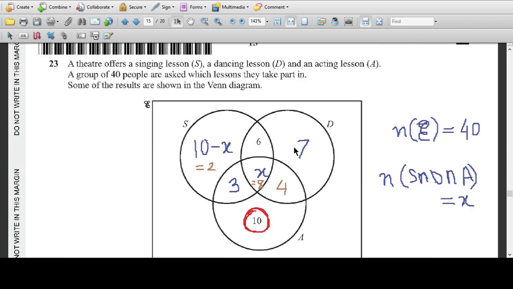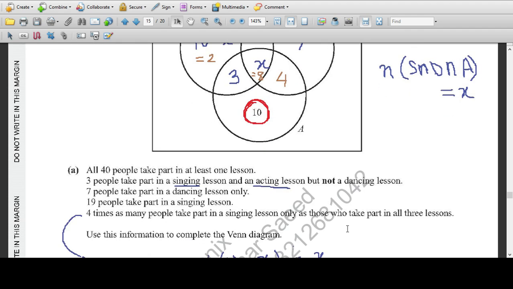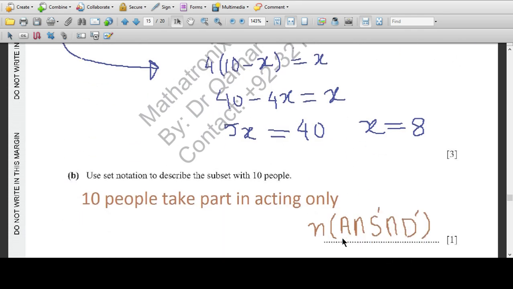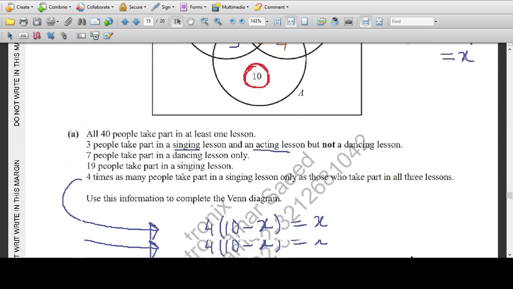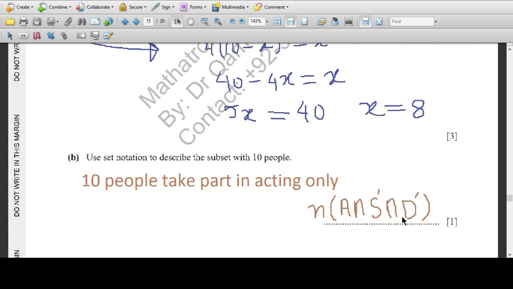If we take D prime, then the whole area except D becomes shaded, and when we take S prime, everything except S becomes shaded, and we take the region common to both, subtracted on intersection with this one. So this is A intersection S prime and D prime. This is also not very easy.